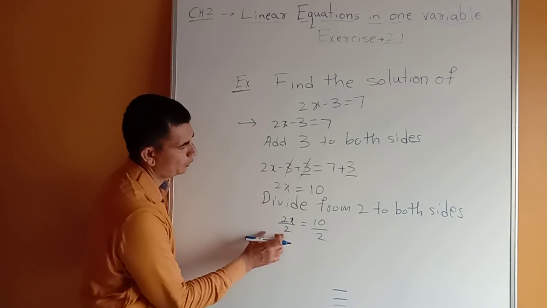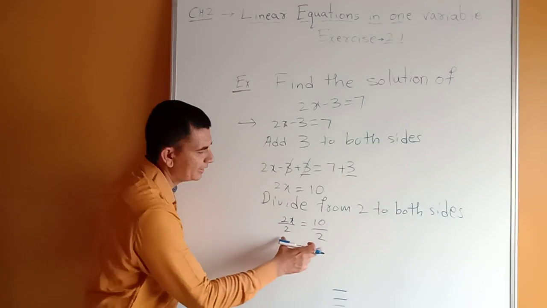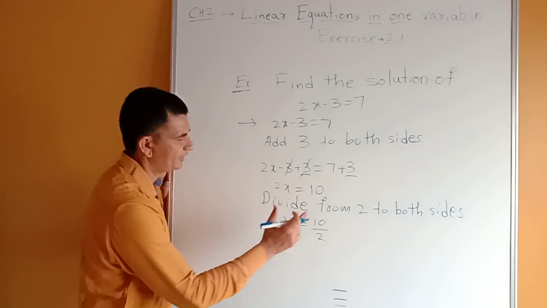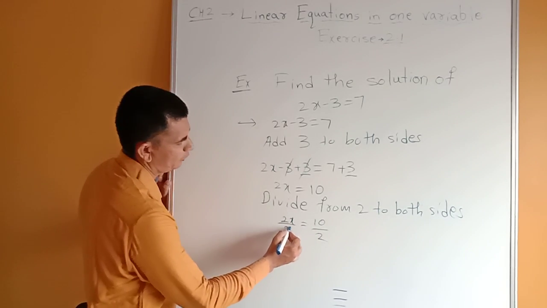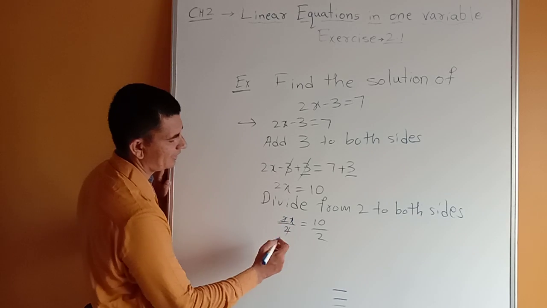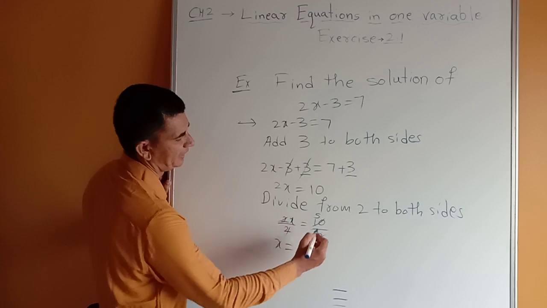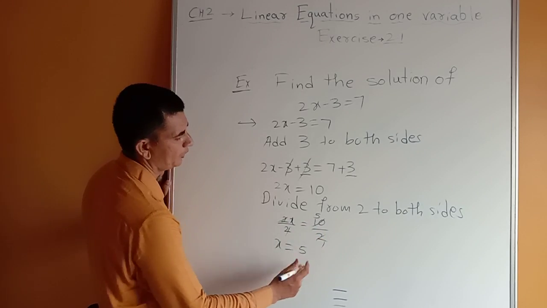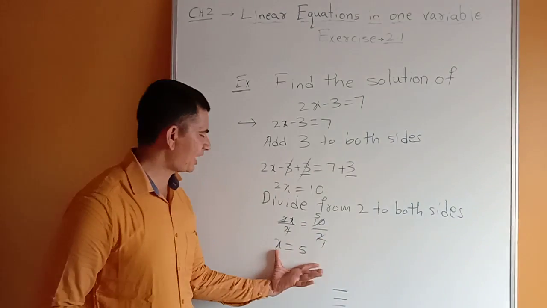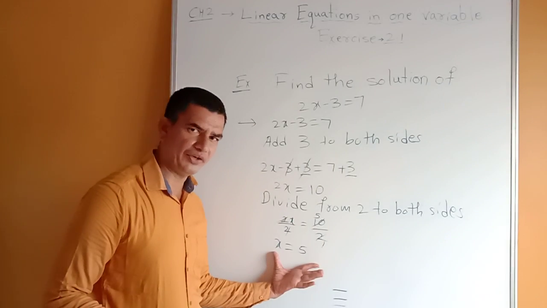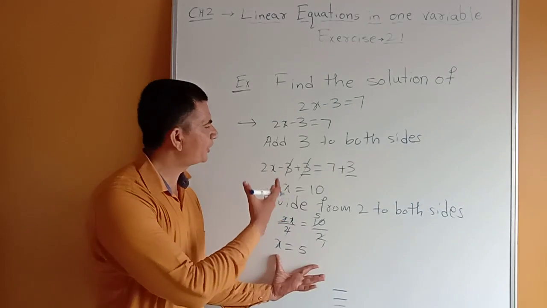In the second step, we are doing division by 2 on both sides. The 2s will get cancelled and only x will remain. And here 2 fives are 10, so 5 will remain. Here we got the answer x is equal to 5. This is one method of how we can do it.